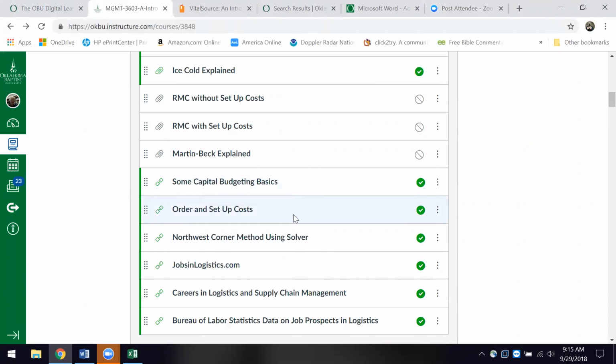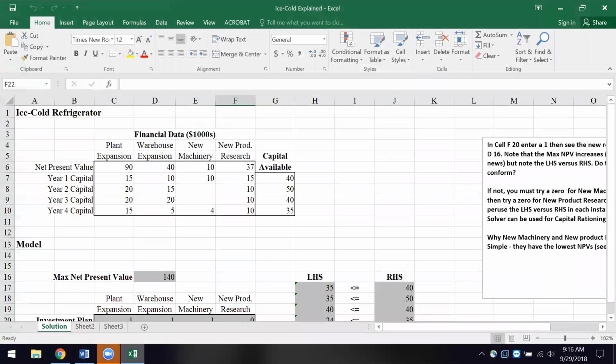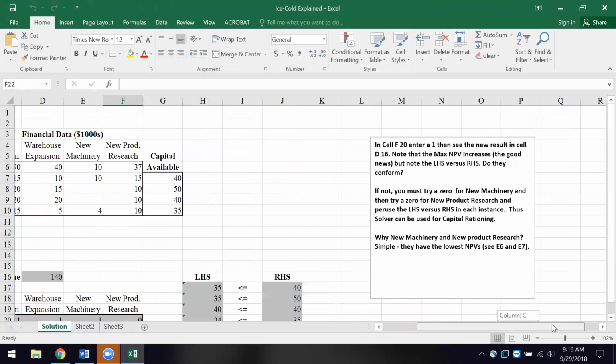Now, let's look at that file. Let's talk about it. So Ice Cold Explain. You said, what should I upload for the workshop credit? It would be this. Now we're going to start by just looking at the data. And here I'm going to ask you to manipulate the data.